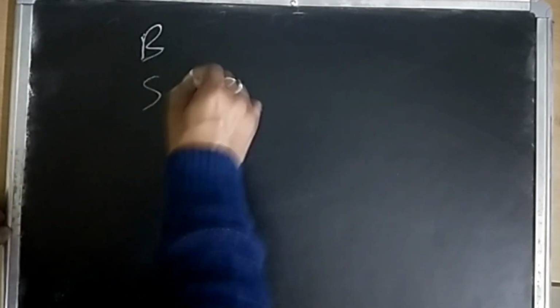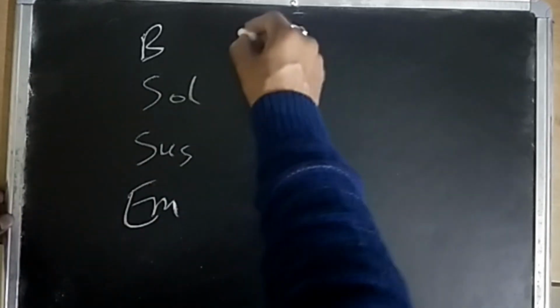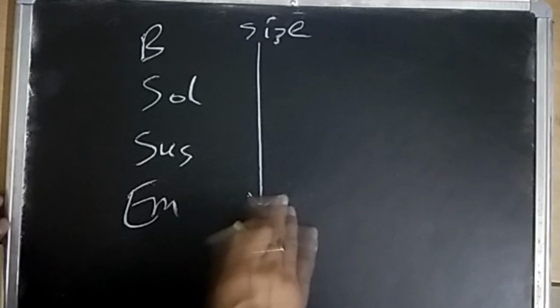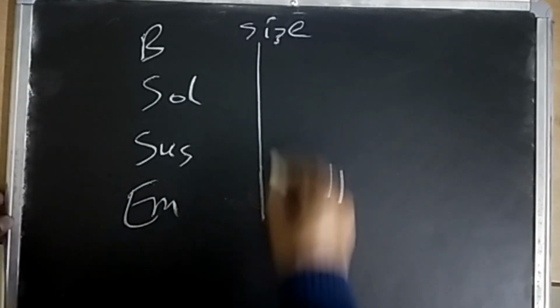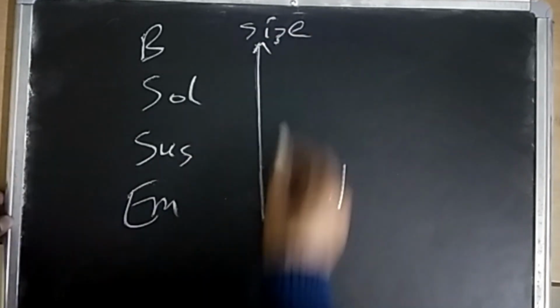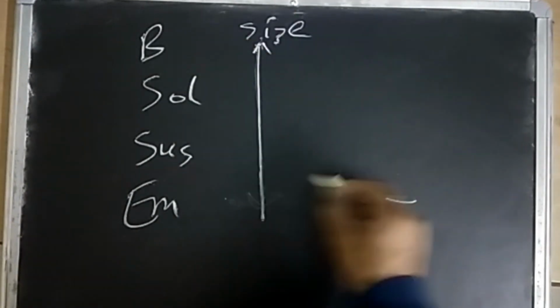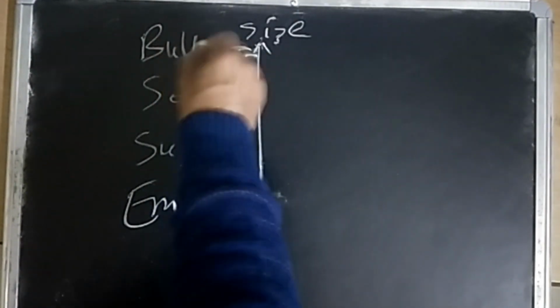Let me just summarize a very important characteristic. We have bulk, solution, then suspension, then emulsion. The size of the polymer will increase in this direction, I'm drawing the arrows in the order of increase. This size will increase, that's most in the bulk.